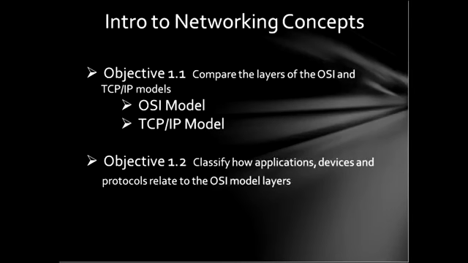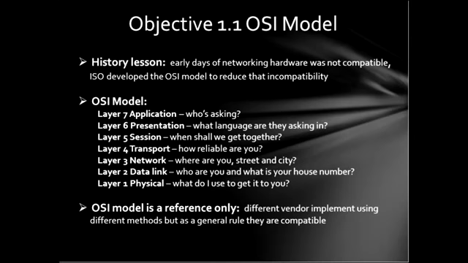So we will first discuss the OSI model, and then we'll discuss the TCP/IP model. Objective 1.2 is classifying how applications, devices, and protocols and other things relate to the OSI model. So let's go ahead and begin with objective 1.1.